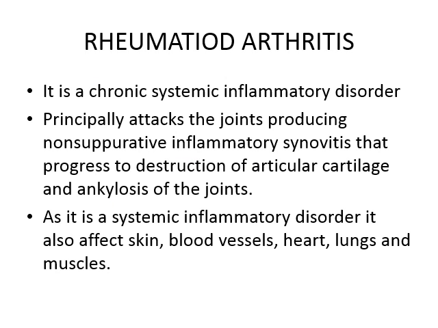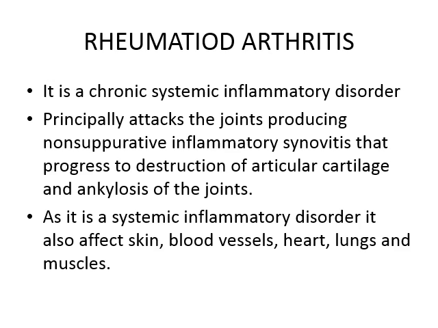Now the topic is rheumatoid arthritis. It is a chronic systemic inflammatory disorder. Principally it attacks the joints, producing non-suppurative progressive inflammatory synovitis that progresses to destruction of articular cartilage and ankylosis of the joint. Now what is ankylosis?